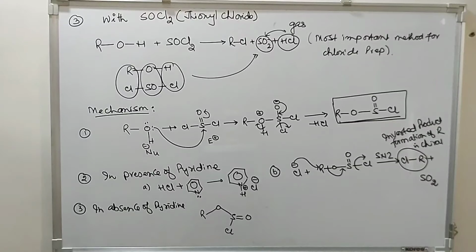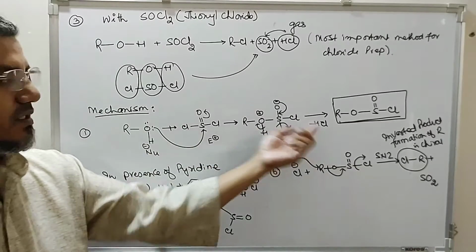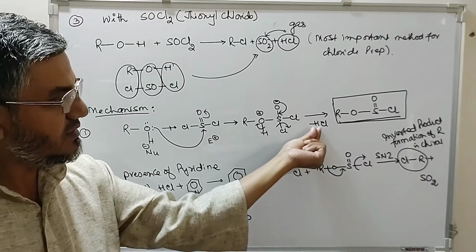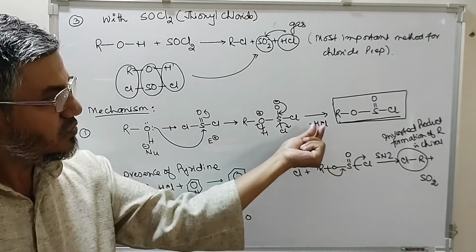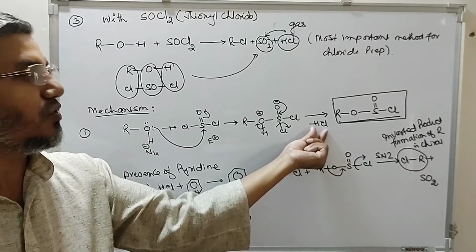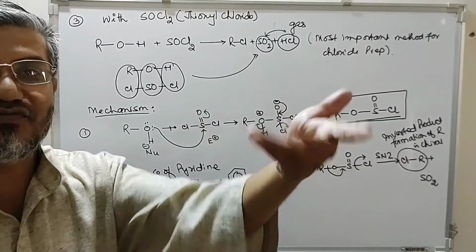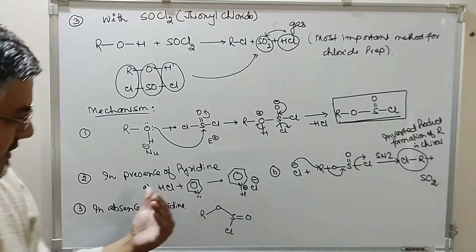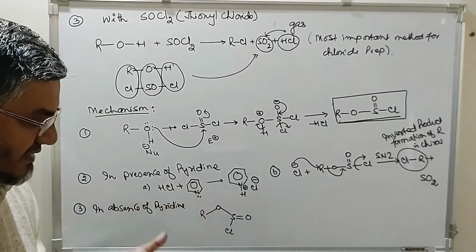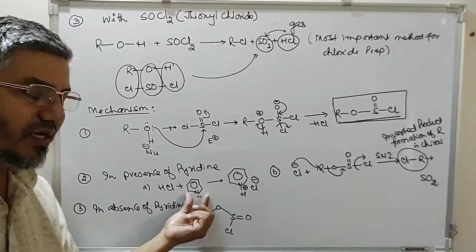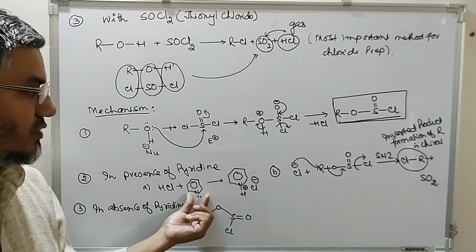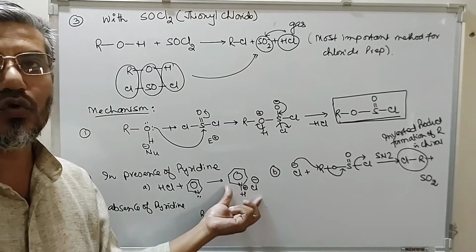In absence of pyridine, there is no free Cl minus. You will say, sir, here there was Cl, but if you look at this, HCl is a covalently bonded molecule, a gas. So the covalently bonded molecule HCl does not have free Cl minus. In presence of pyridine, when this HCl gas is coming out from the solution, it is being trapped by pyridine to give you pyridinium chloride.